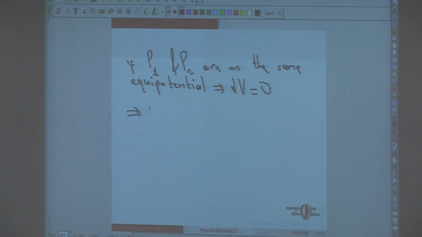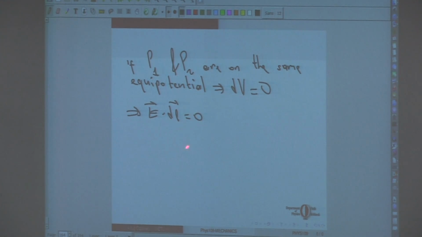But that means that E dot dl is equal to 0. And also remember, this dl is a vector that connects the position of P1 to the position of P2. Since both P1 and P2 are on the equipotential surface, this dl is a vector that is tangent to our equipotential surface. And for any dl vector tangent to our equipotential surface, this has to be 0.